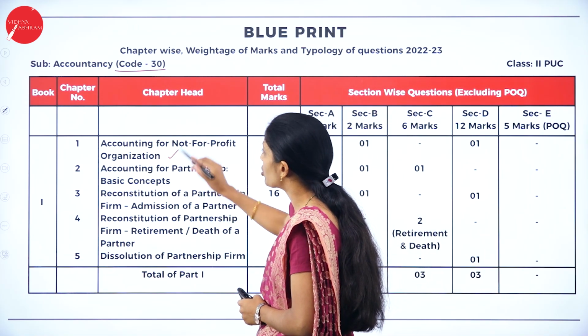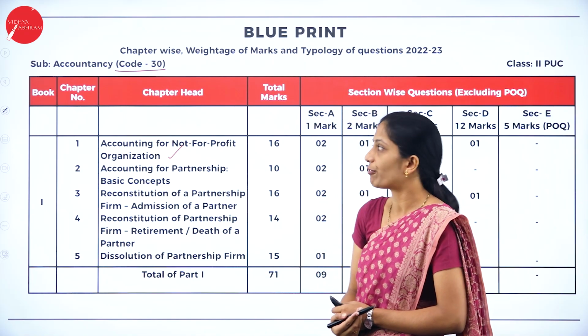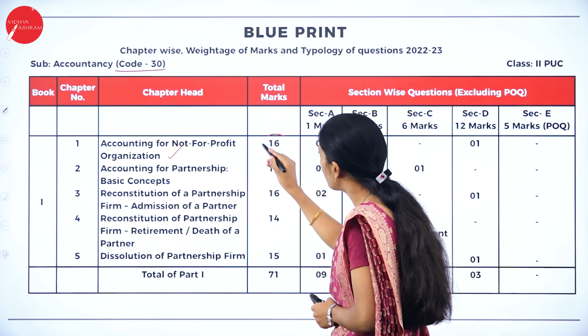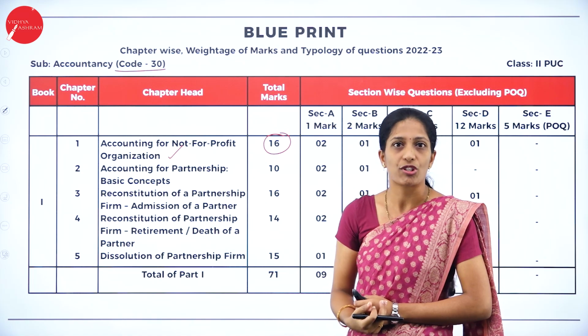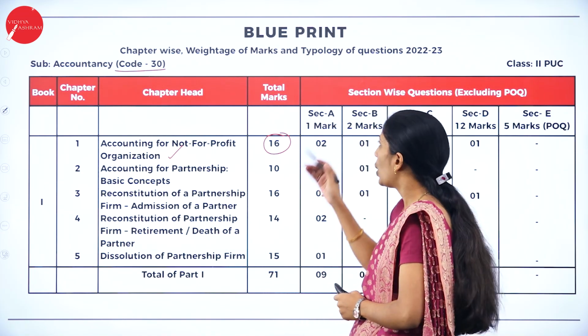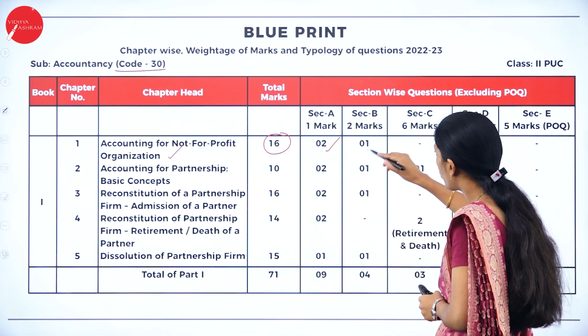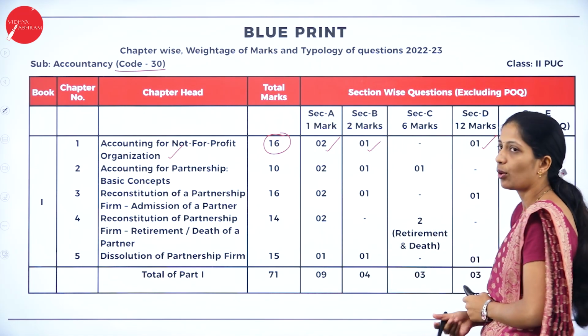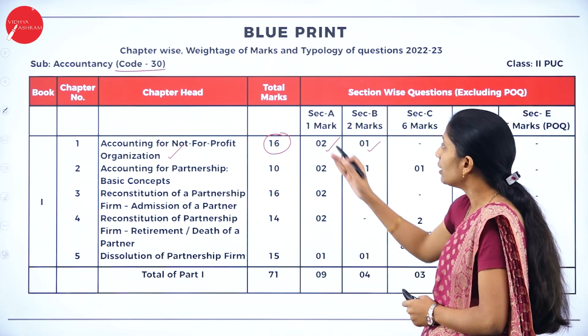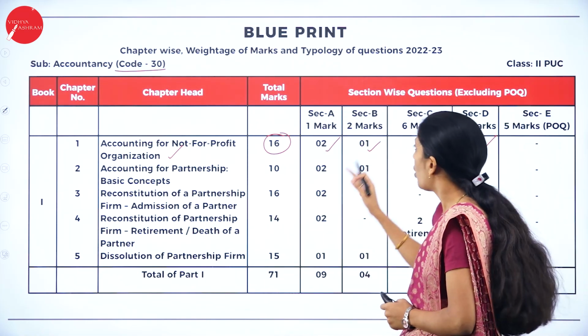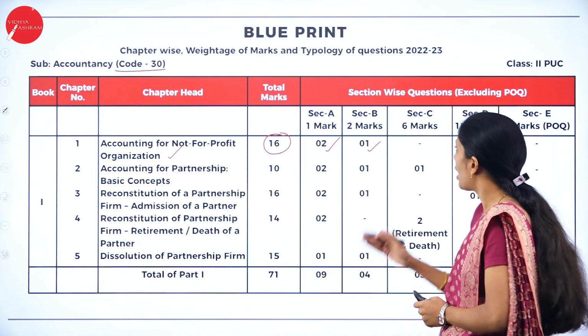Now, the first chapter, accounting for not-for-profit organization: the total marks asked in your question paper is 16 marks, where 1 mark 2 questions will be asked, 2 marks 1 question, and 12 marks 1 question.